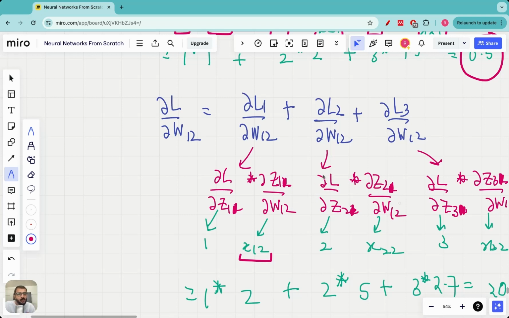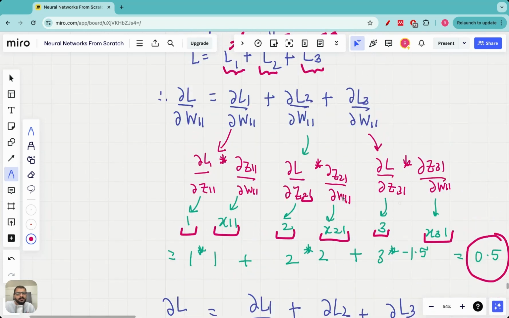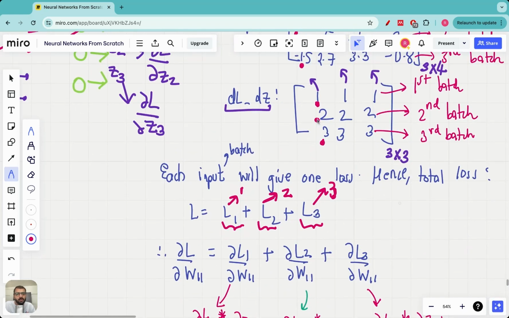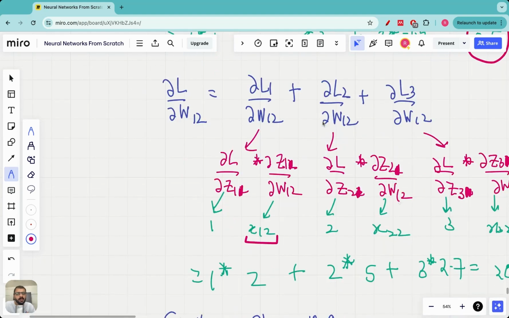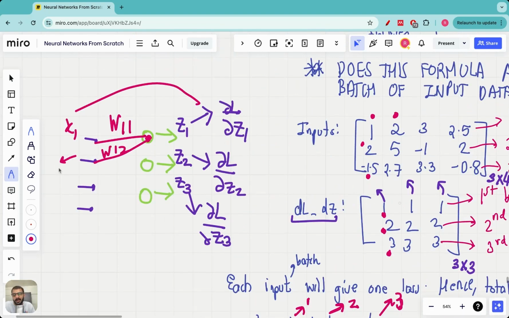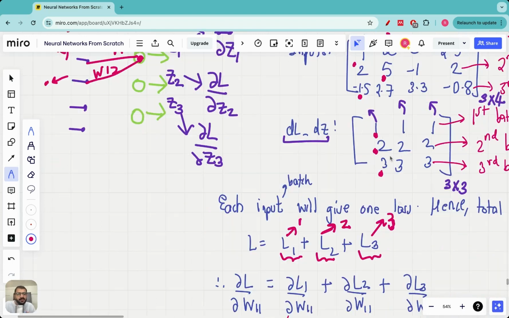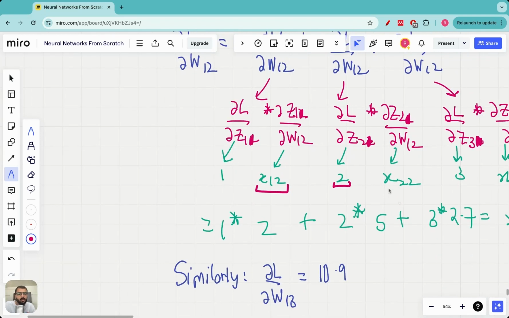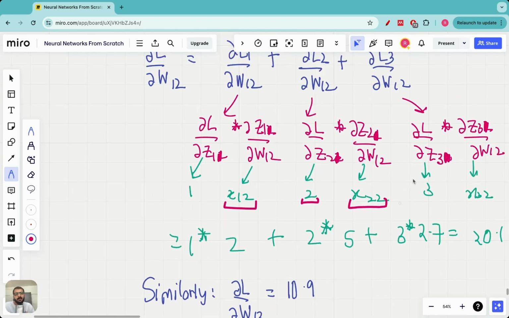We are looking at the second batch and the first neuron, so that is 2. It is multiplied by the partial derivative of Z21 with W12. We are again looking at the second input but from the second batch, so we multiply with x22, whose value is 5.